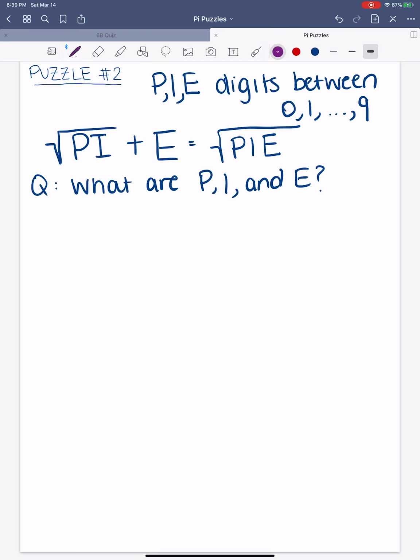So I'll give you guys some hints to help you get started. So first of all, both PI, square root of PI, and square root of PIE are integers. In fact, they're positive integers.